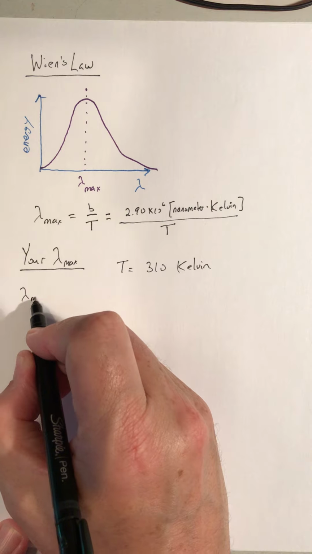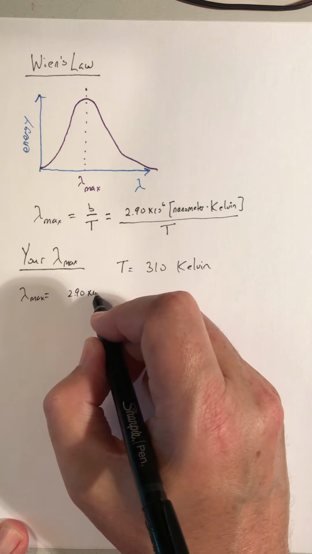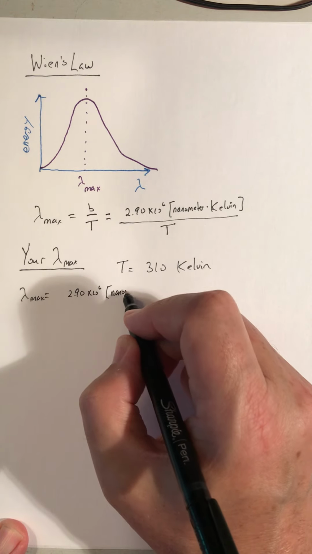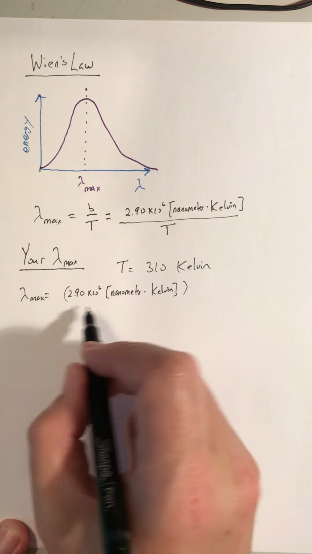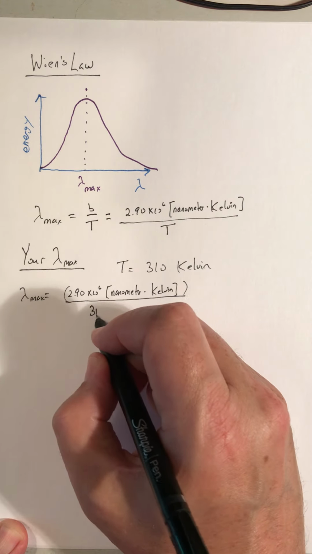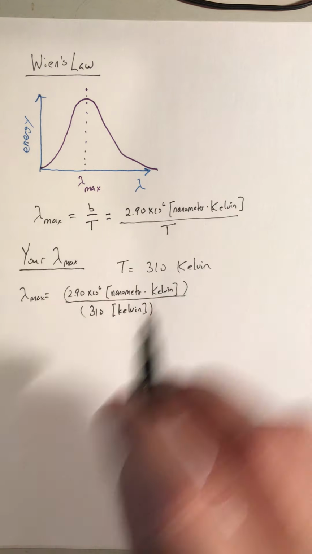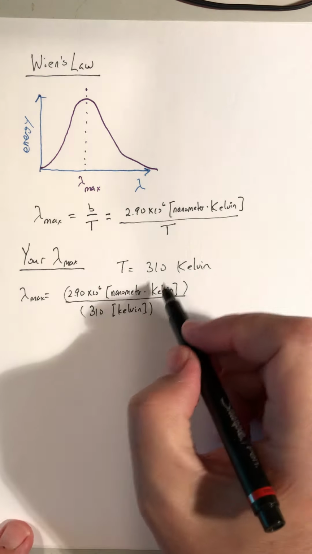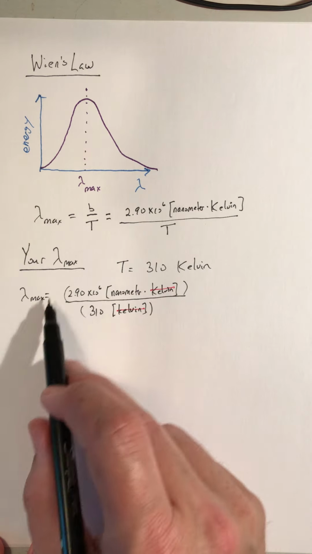So your lambda max is 2.90 times 10 to the 6th nanometer times Kelvin over 310 Kelvin. And the Kelvins cancel out, so we're left with a wavelength in nanometers, which is going to give you a round number for near infrared, near ultraviolet, and the visible part of the spectrum. So that's why it was set to take that value.